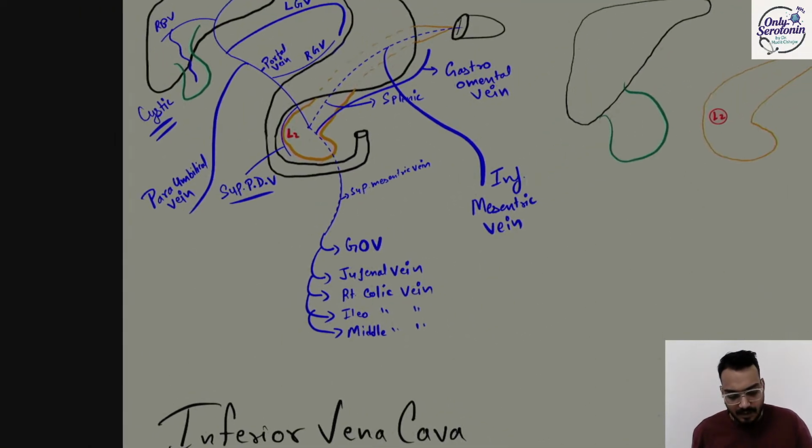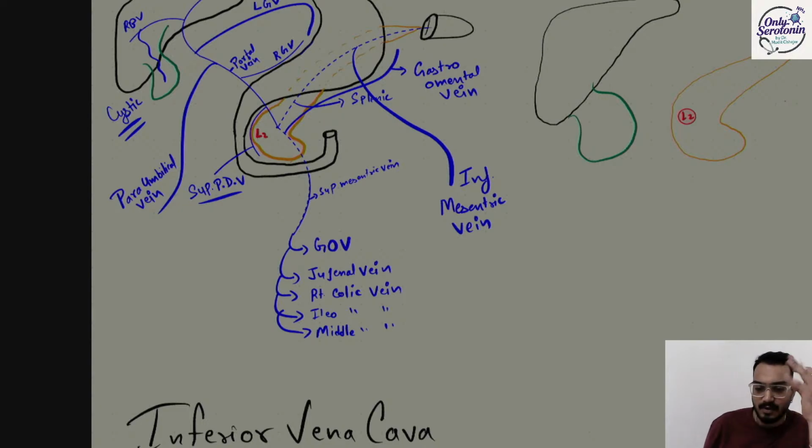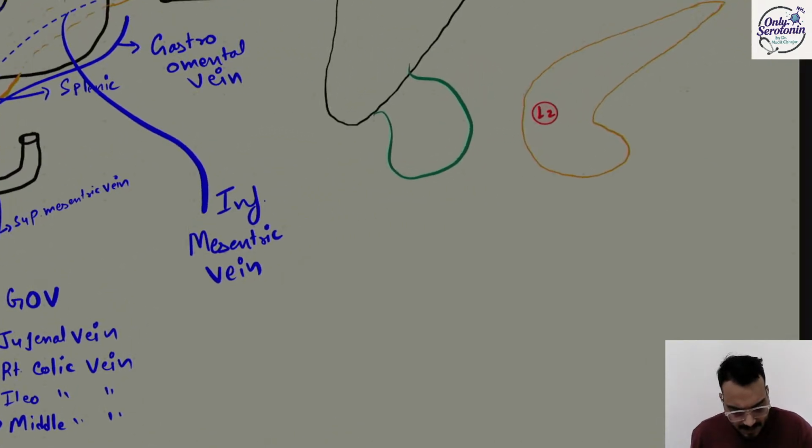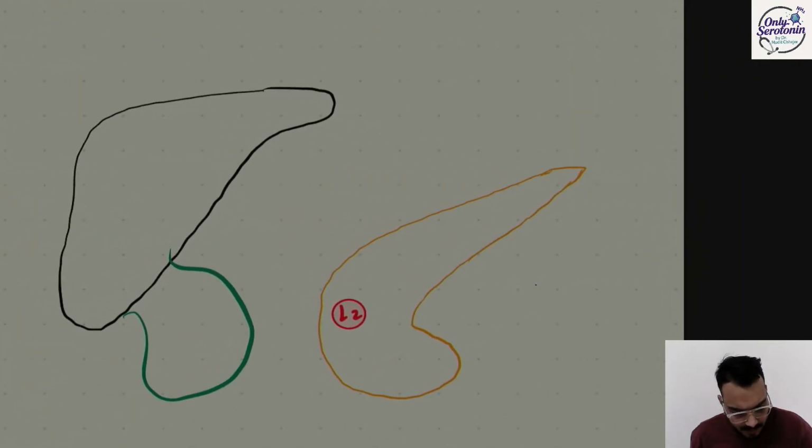All these veins are going to supply the portal vein, and then the portal vein will detoxify it, and then it will again enter into your inferior vena cava into the circulation, right? To make this diagram simple, we can do it like here.